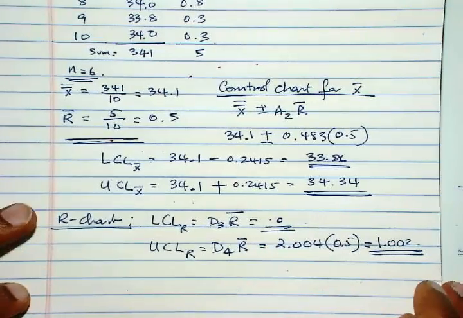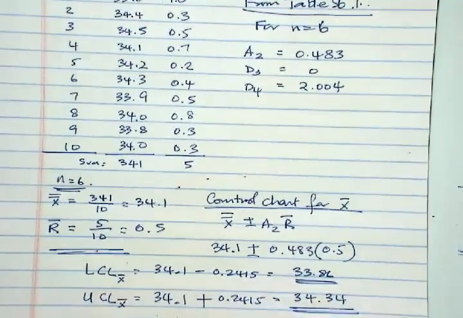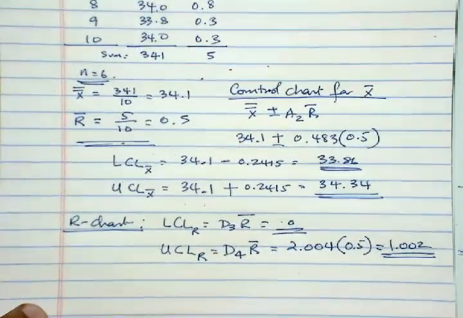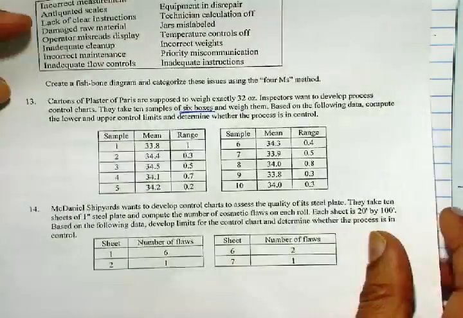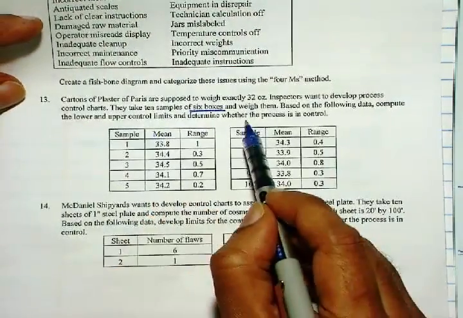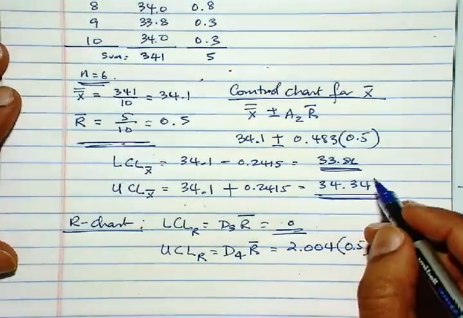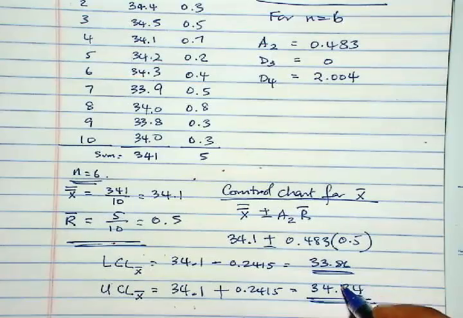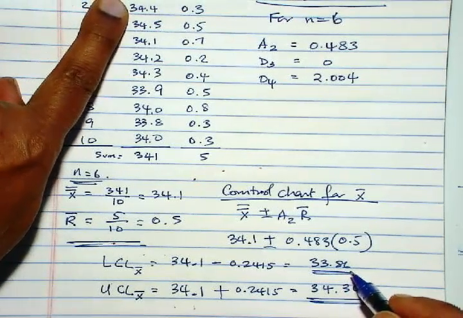Okay, now technically we have to plot all of these values with the lower control limit and upper control limit. We'll skip that part, and what we need to find is whether the process is in control. So let's look at the limits. So the x bar limits, okay, and compare them against these.